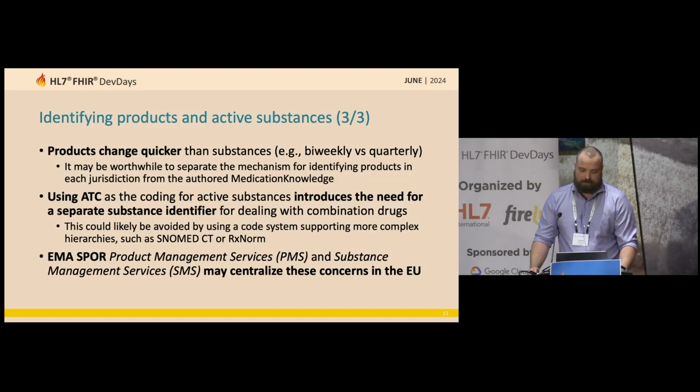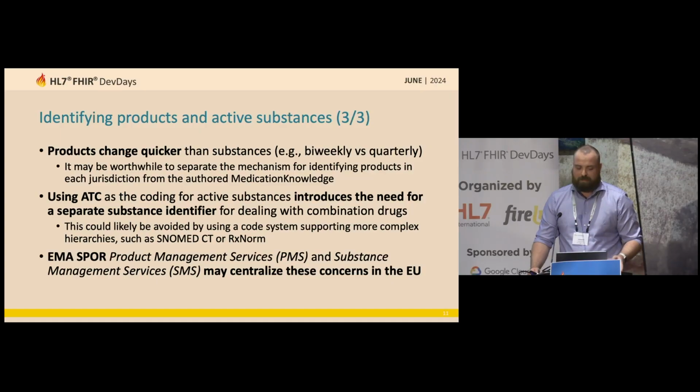Some things to note: the products, in this case the VNR numbers, change much, much quicker than the substances themselves. For example, in Finland, the products that are for sale are updated bi-weekly, while the substances that come from the European Pharmacopoeia are updated 3 times a year, so almost quarterly.